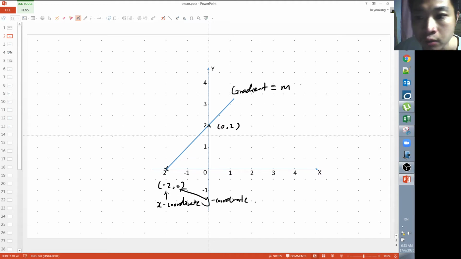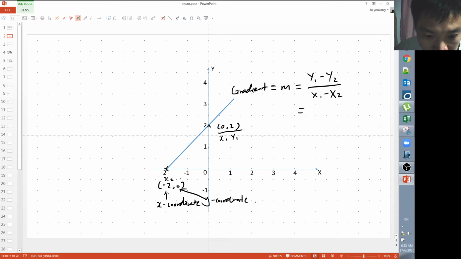Alright, so to find the gradient of a straight line, what you need to do is use y1 minus y2 over x1 minus x2. So if I take this pair here as my x1 and y1, this pair here will be my x2 and y2.